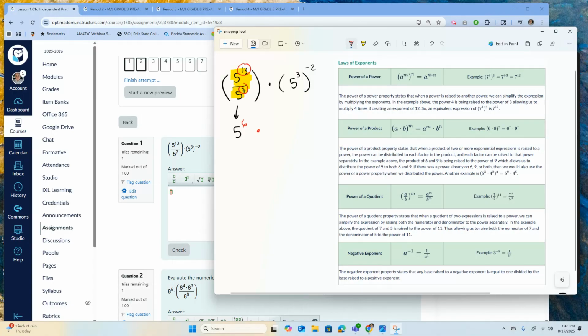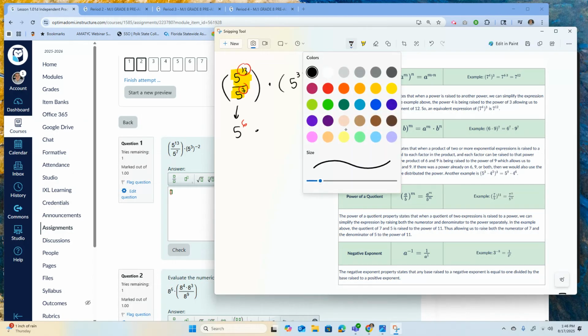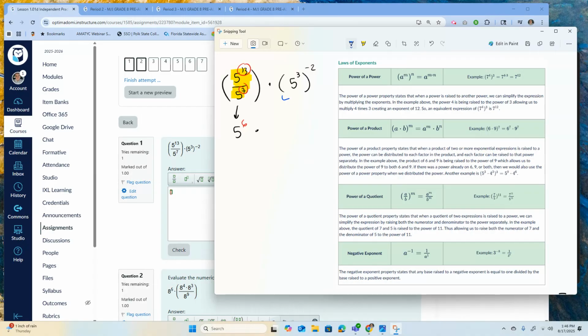Now, I'm going to get rid of the second parentheses. In this parentheses, I see I only have one base inside with an exponent and an exponent outside.